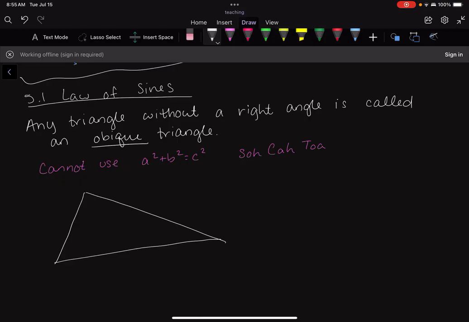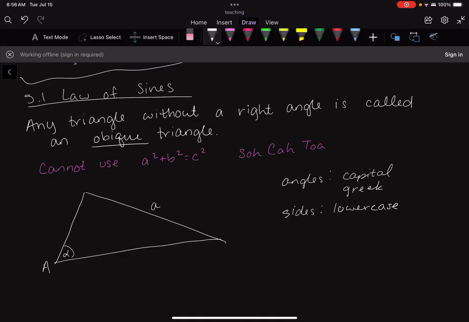So if you have an angle A, you want that to be across from side A. Usually your angles will be capital letters or Greek letters. So we could either call this capital A or we could call it alpha. And then your sides will be your lowercase letters.